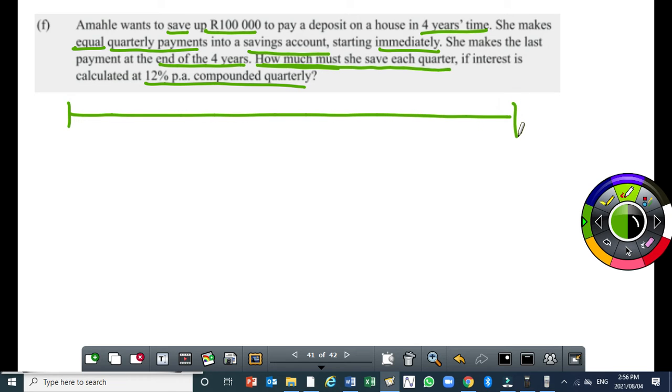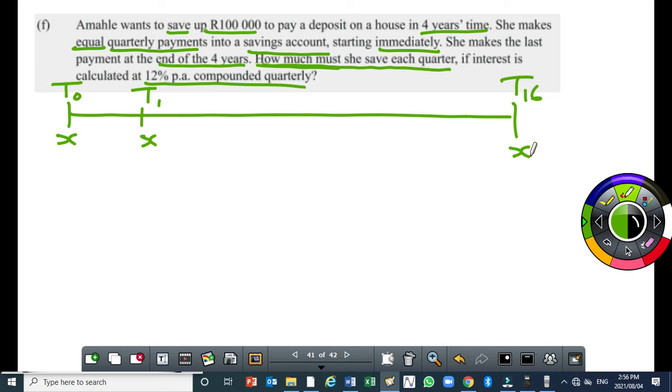We have a total of 4 years, but the question is dealing with a compounding period, which is a quarter. So 4 times 4, that's 16. So we have T0 here, then we have T16. T1, I can put it somewhere there. So the first payment is made here because of the word immediately. The last payment is made here at T16. So your N is going to be equal to what? 17.